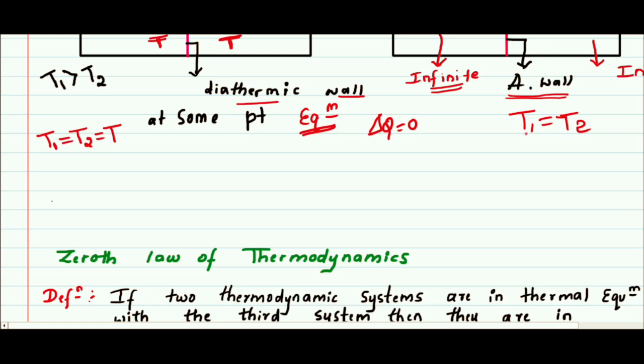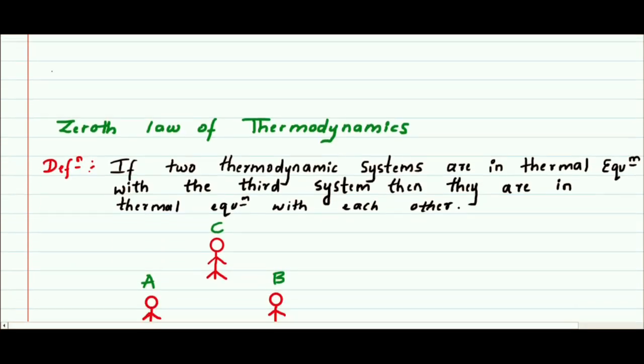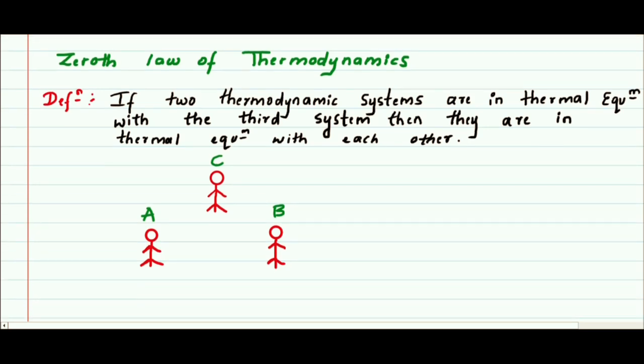So we can say that they have attained thermal equilibrium even though the temperatures are different. Why? Because they both are in thermal equilibrium with the surrounding up to where? Up to infinity. So this is thermal equilibrium. I hope this concept is clear for you, and then we will move to the zeroth law of thermodynamics.